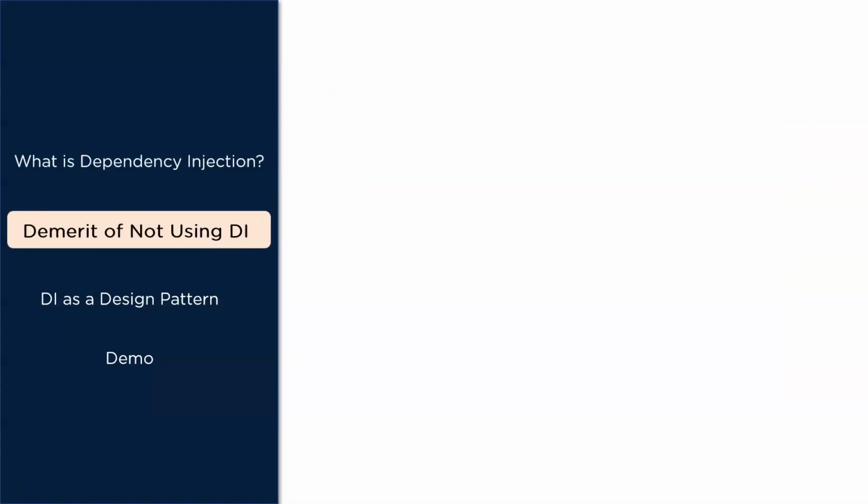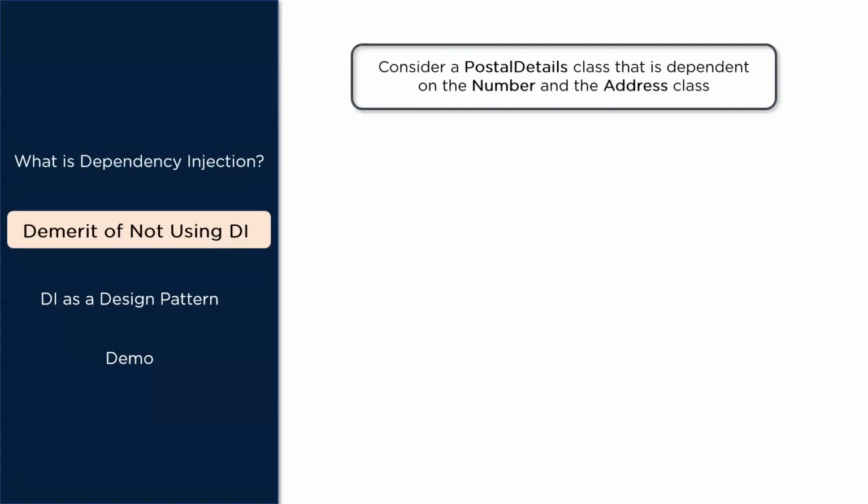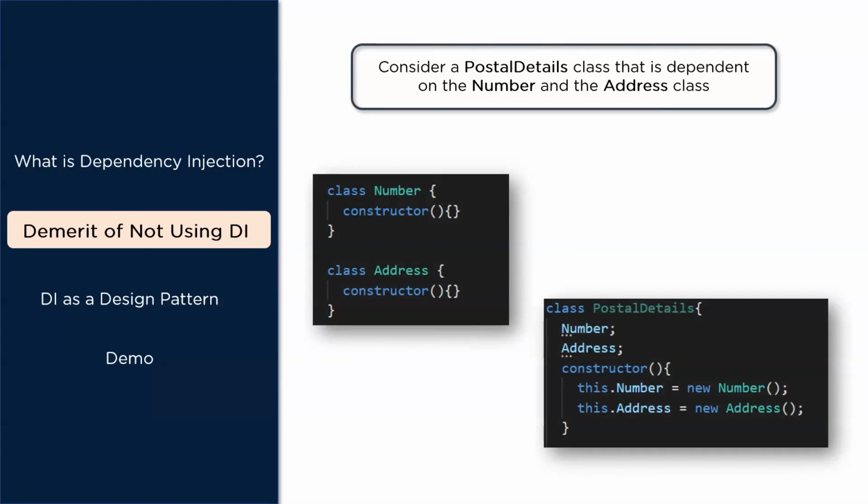Next up, let's have a look at the drawback of not using dependency injection. Now let's consider class PostalDetails that is dependent on the Number and the Address class. In the PostalDetails class, the constructor creates copies of the number and address. So when you instantiate a new PostalDetails class, the constructor instantiates a unique number and address.